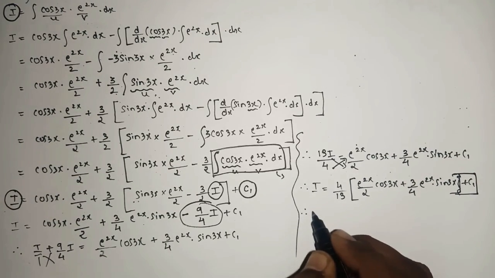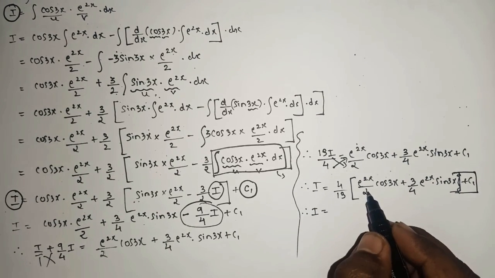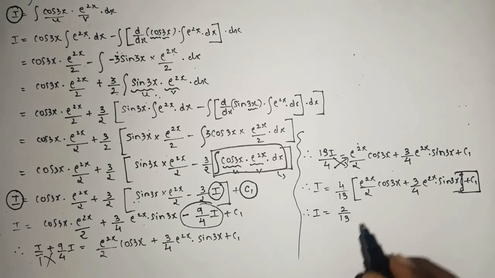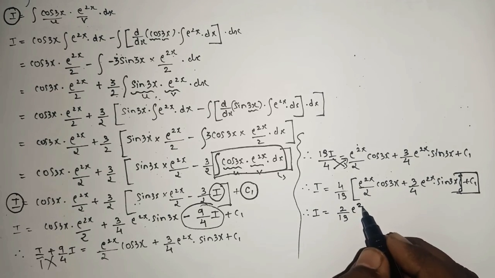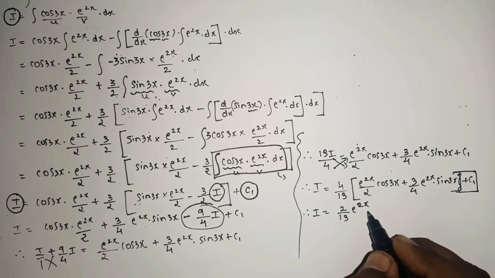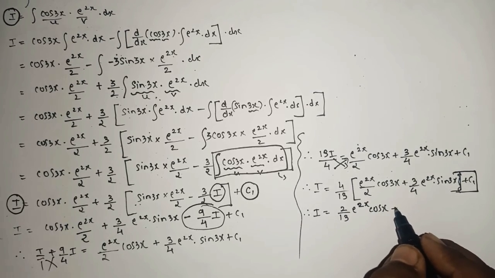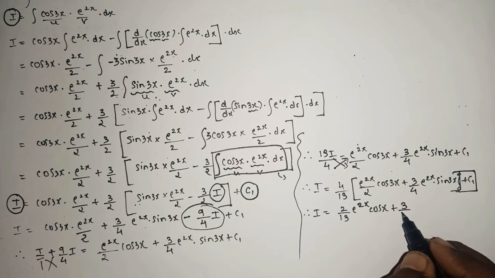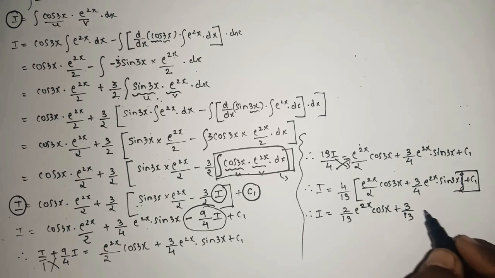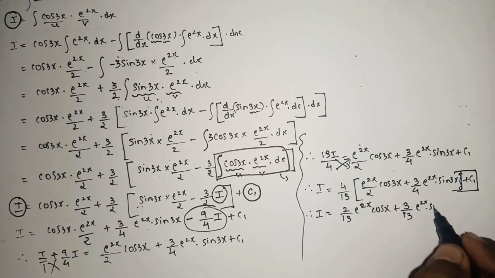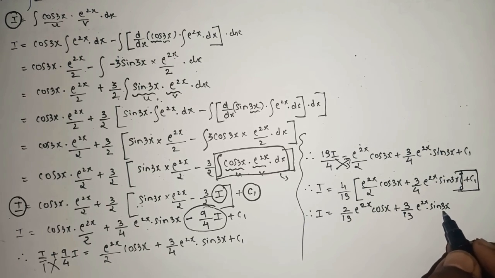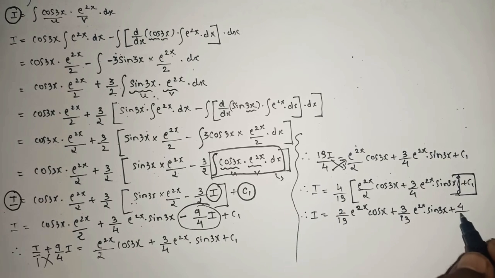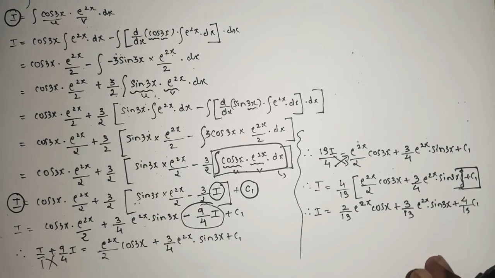So now the next part will be what? I equals, so 2 ones are 2, 2 twos are 4, so here you will get 2 upon 13 e raised to 2x into cos 3x plus, 4 will get cancelled, so here we are left with 3 upon 13 e raised to 2x into sine 3x plus 4 upon 13 c1.